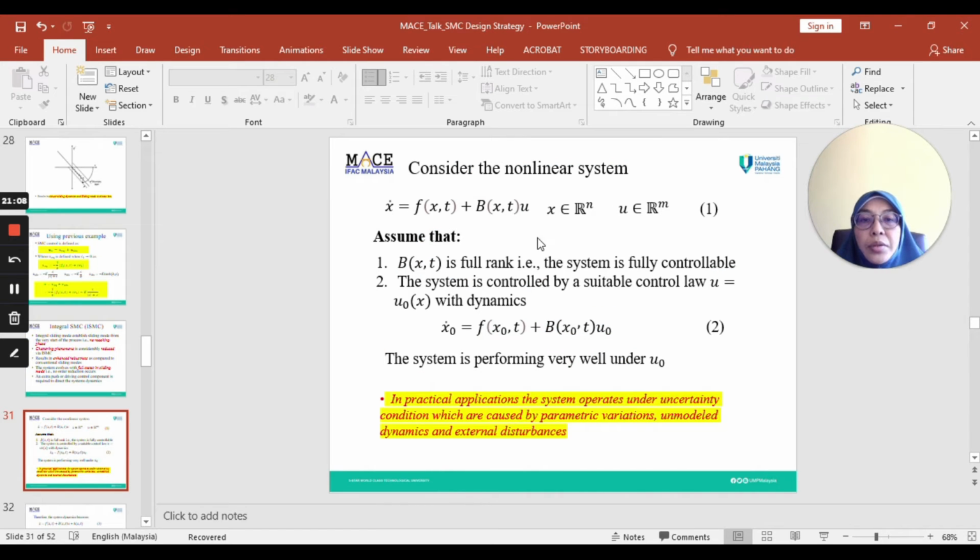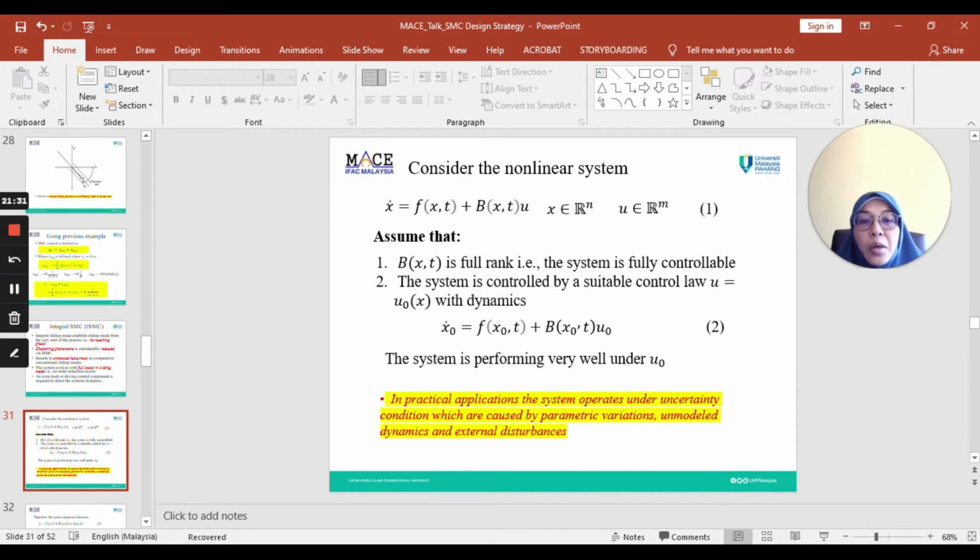So we have this nonlinear system. We assume that B has full rank, meaning this system is fully controllable, and the system is controlled by a suitable control law U naught, with this dynamic.